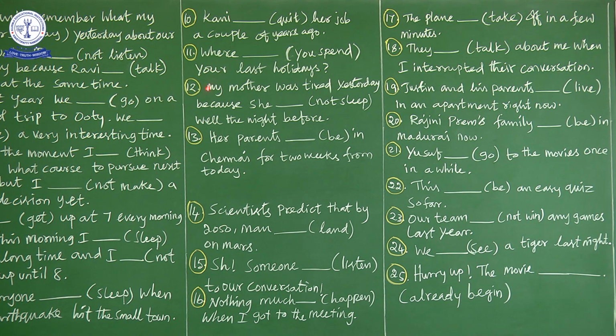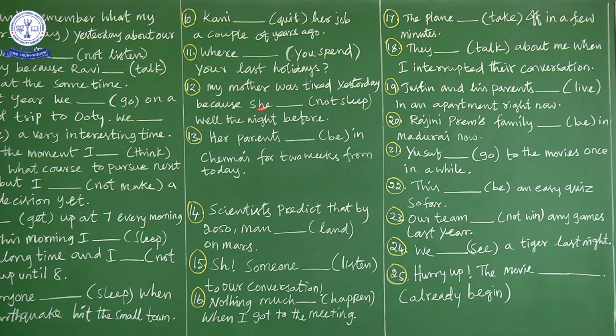Now let's move on to the 12th. My mother was tired yesterday because she dash not slept well the night before. Okay. Now you see here we have a tense. In the first sentence itself, it is shown that it is a past tense, that is, my mother was tired yesterday.